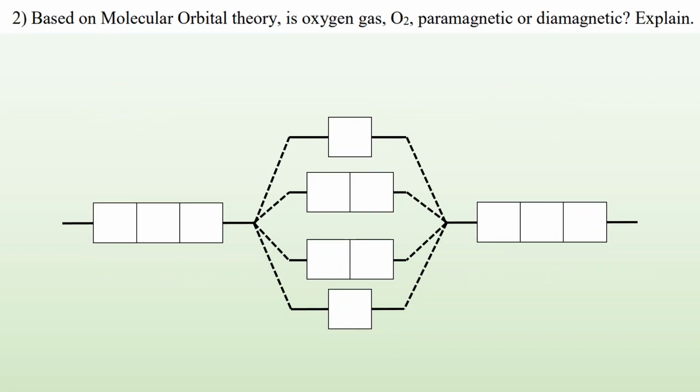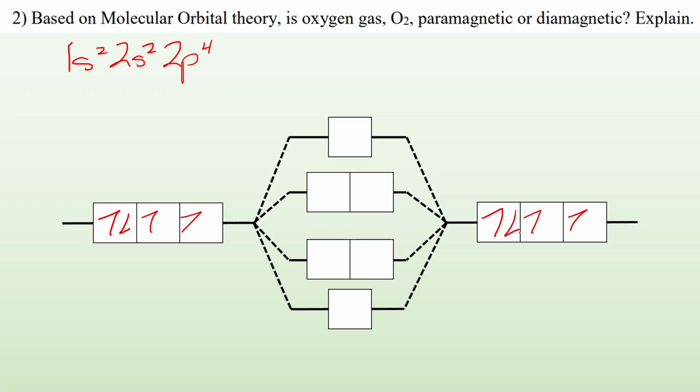Number two, based on the molecular orbital theory, is oxygen gas, O2, paramagnetic or diamagnetic? It's the same kind of process. Instead, we got 1s2, 2s2, 2p4 for oxygen. So in the 2p's, we got 1, 2, 3, 4 electrons. And since it's O2, the other oxygen is going to look identical.